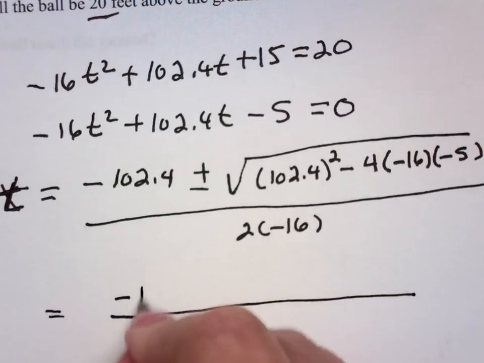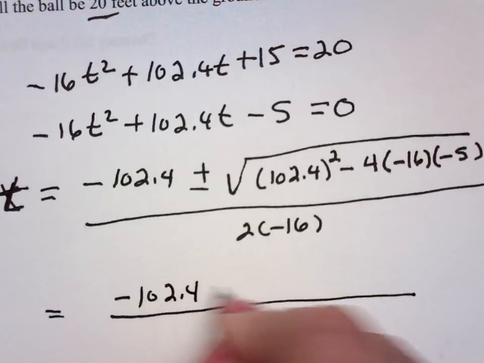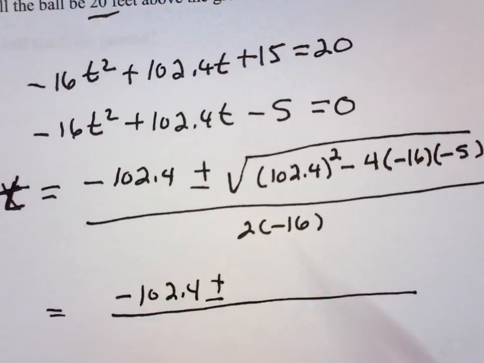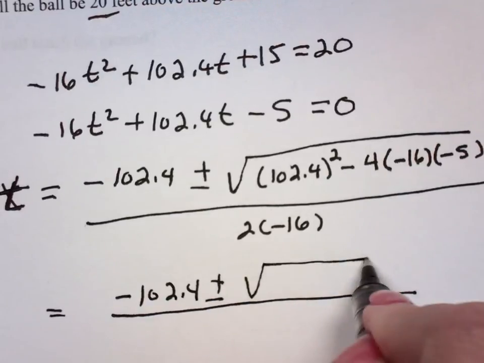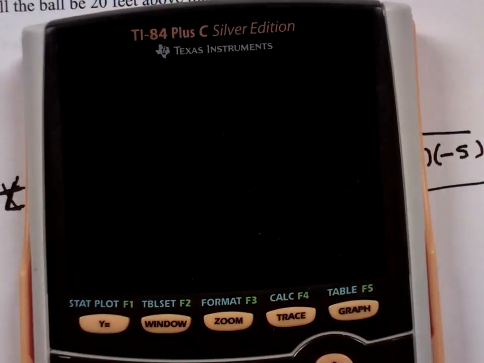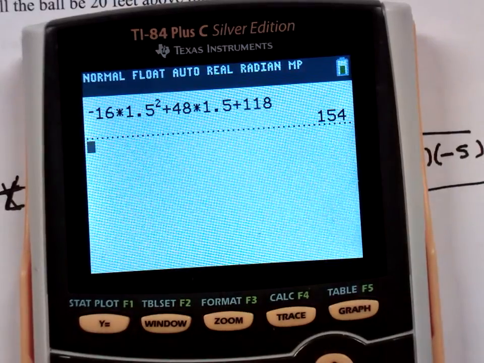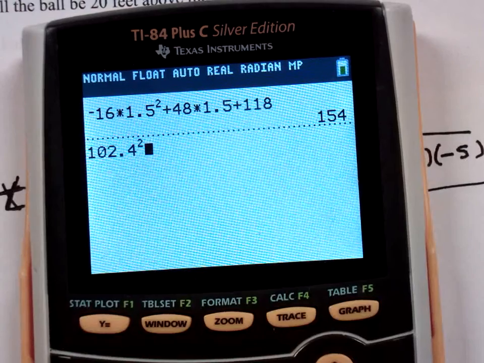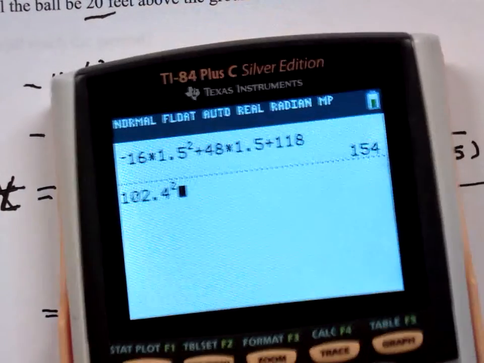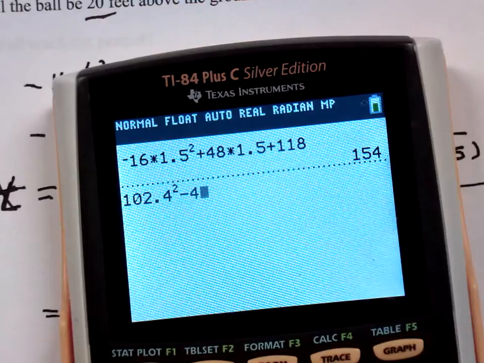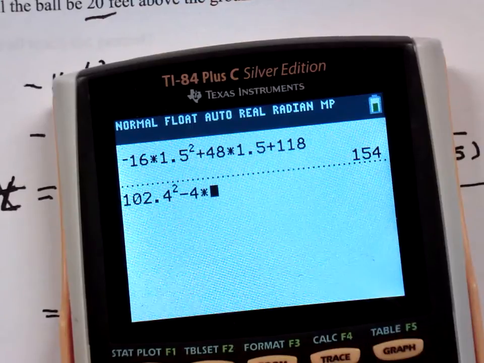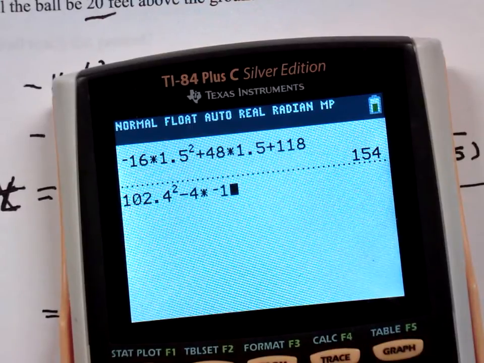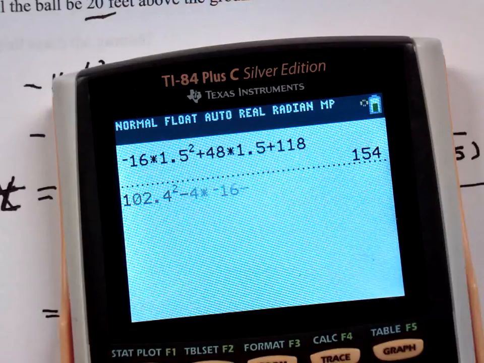So negative 102.4 plus or minus the square root of, these are not fun problems, 102.4 squared minus 4 times a times c.